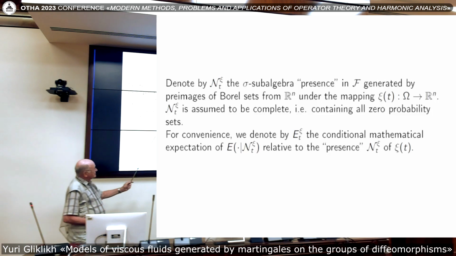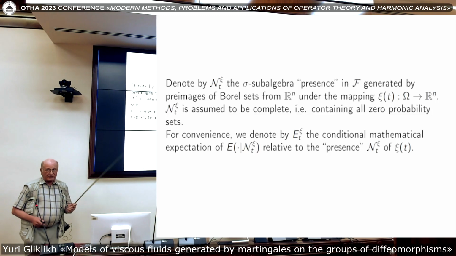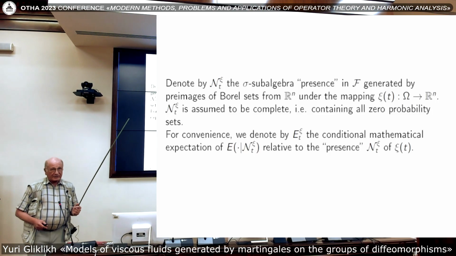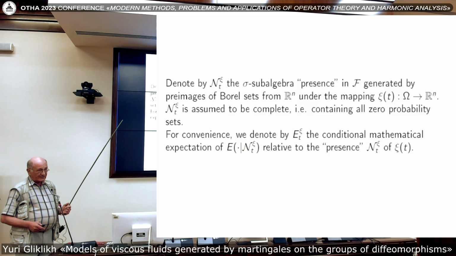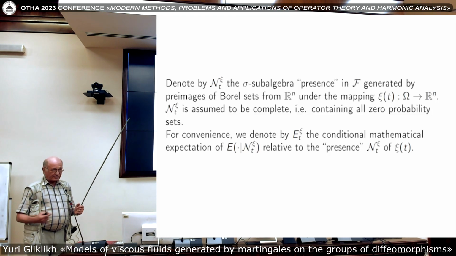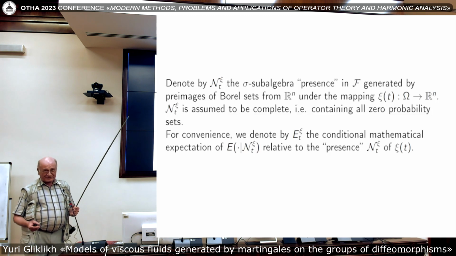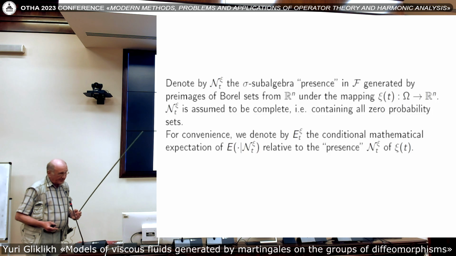We denote by N the sigma algebra that is generated by pre-images of Borel sets on that flat torus.